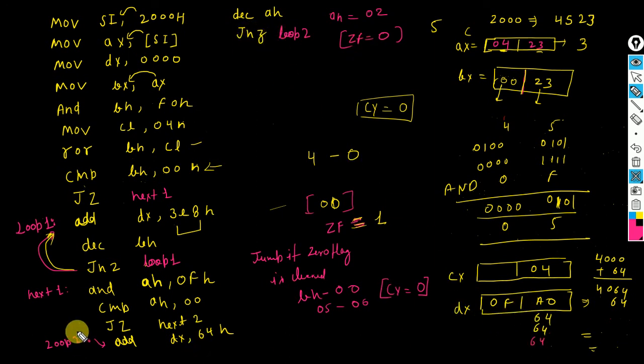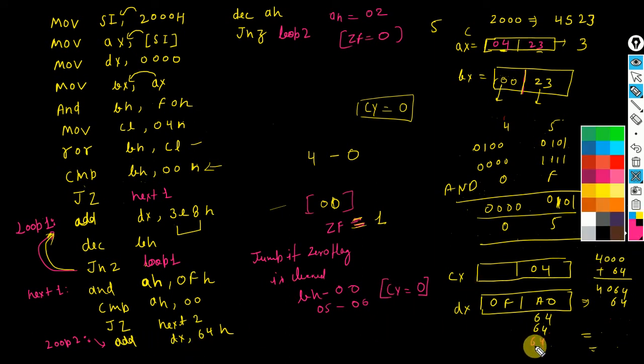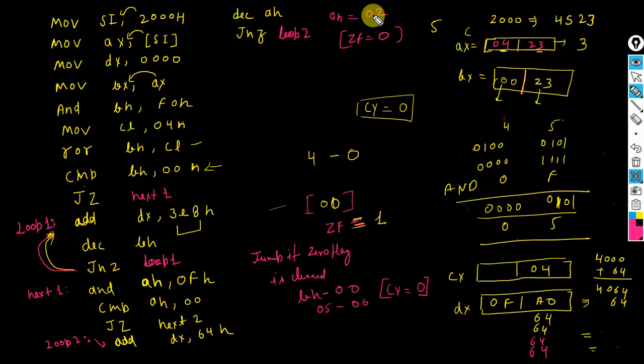Again your pointer indicates this instruction, add 64 again, and your counter value is decreased by 1. So this is 01, again zero flag status is 0. This loop is working here. Your pointer again moves to this instruction and again adds 64 to our DX register, and again DEC AH.